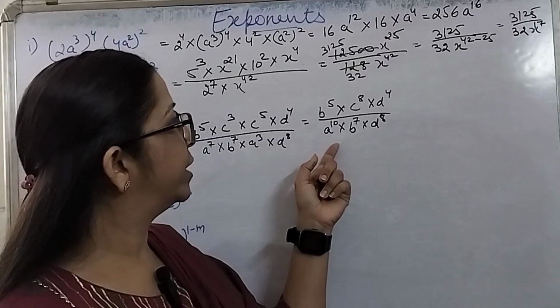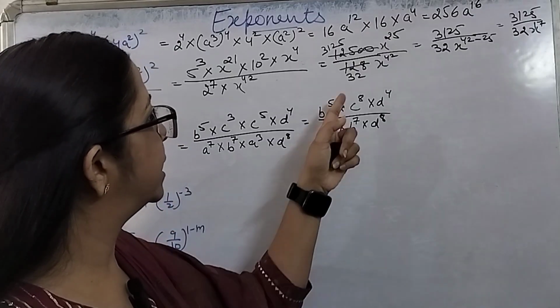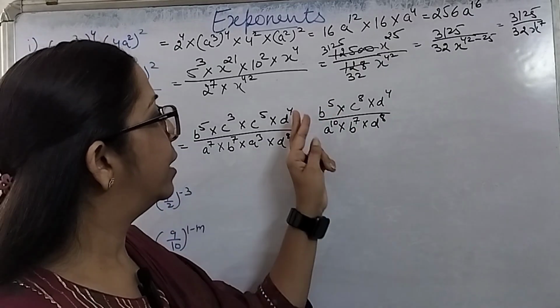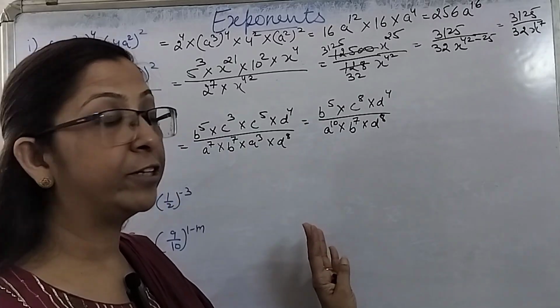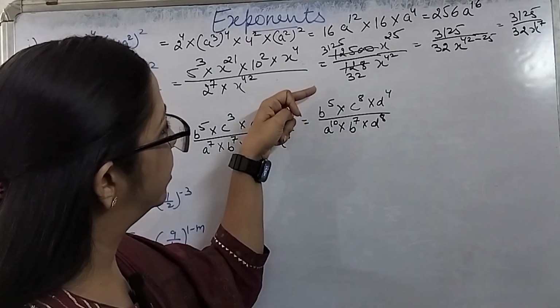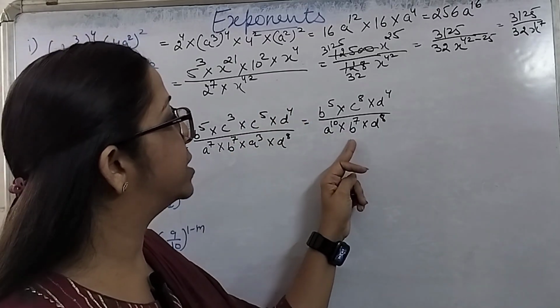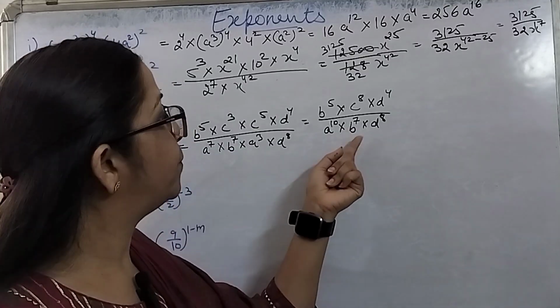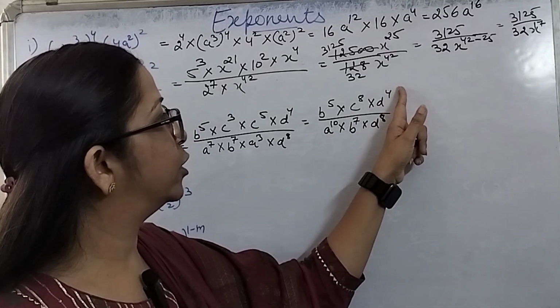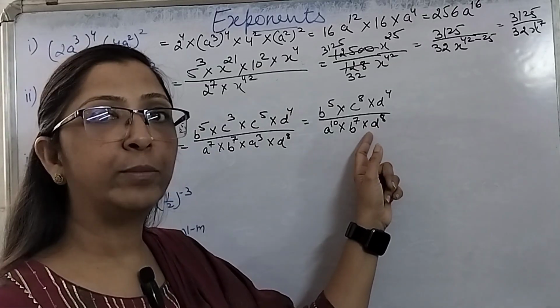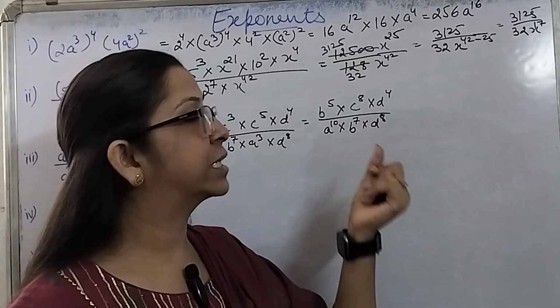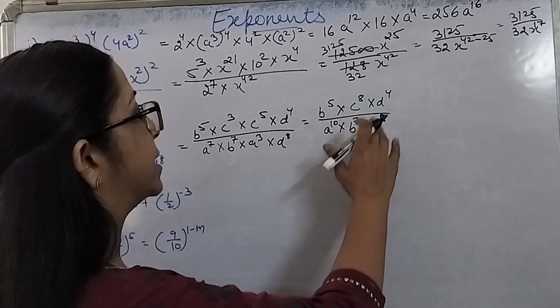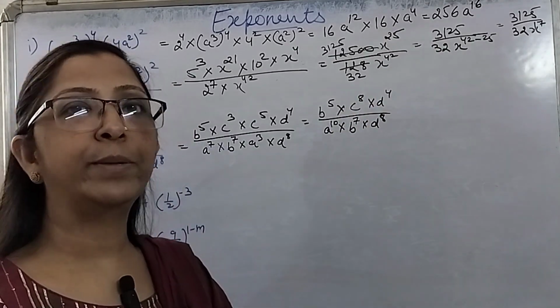Now a is in the denominator only and c is in the numerator only. So let it be. Now b and d we have to solve further. b is having power 5 in the numerator and b is having power 7 in the denominator. So this power is greater, so we will be subtracting in the denominator. d is having power 4 in the numerator, d is having power 8 in the denominator. Again, the power of d is greater in the denominator. Now bases are the same, we are dividing, so powers will be subtracted.